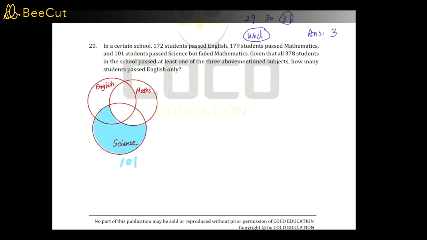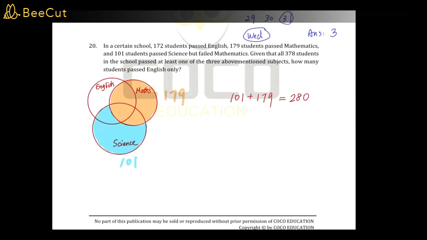And then for math, the total is 179. Let's find the total of these 2 groups, 101 plus 179. That's 280.